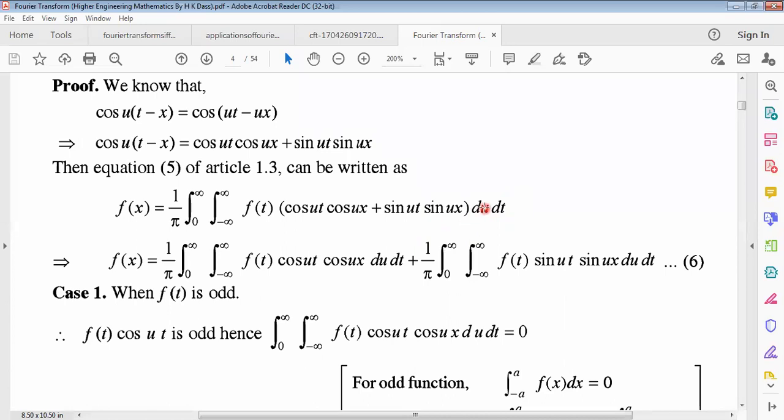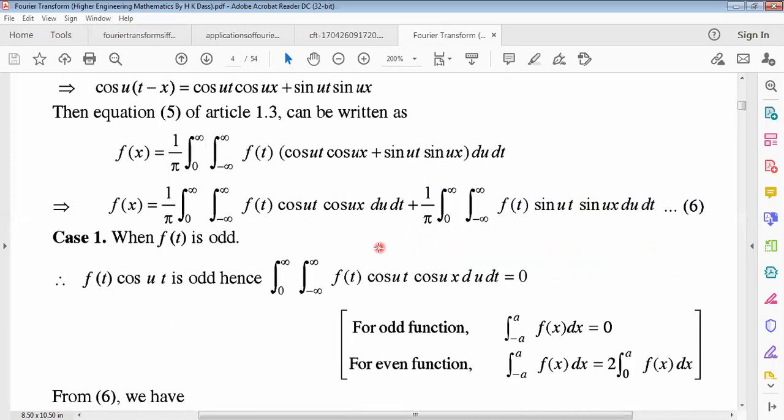The first integral will be with respect to u and the second integral with respect to t. Now f of x equals 1 by pi, integral 0 to infinity, integral minus infinity to plus infinity of f of t cos ut cos ux du dt, and then this second term is also multiplied the same way, 1 by pi integral 0 to infinity, integral minus infinity to plus infinity of f of t sin ut sin ux du dt. This is equation number 6.